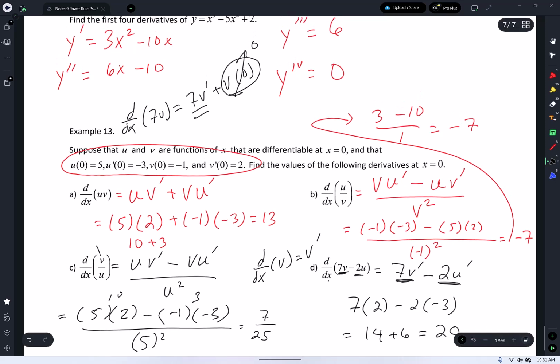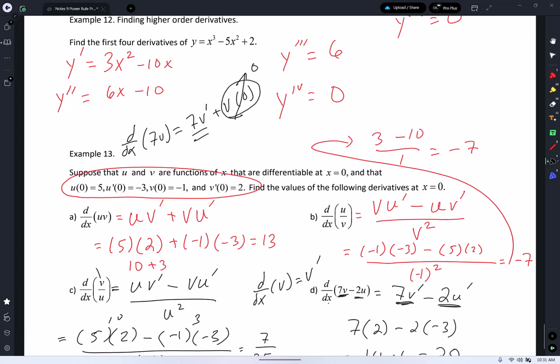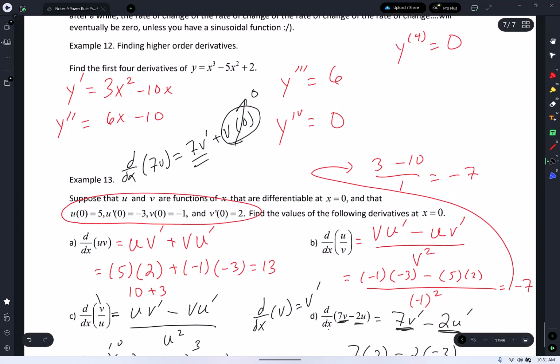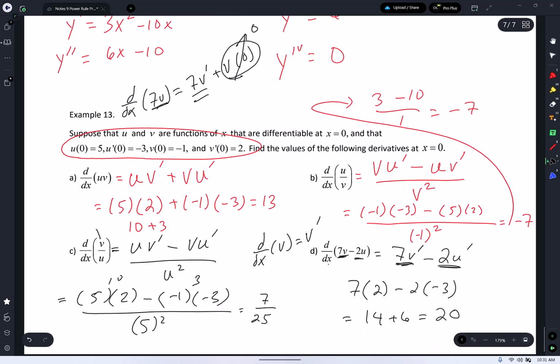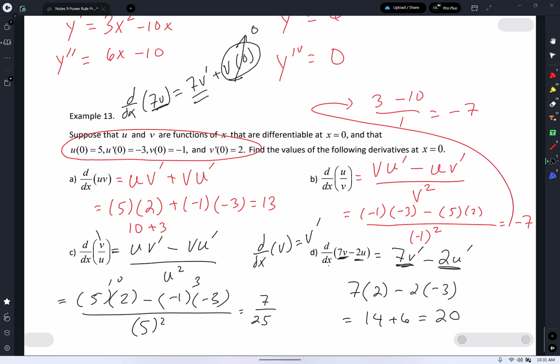If you're trying to think, why don't you use the product rule? You can if you wanted to, but you're just making life harder. In my head, I was like, you're not taking the derivative of V with respect to V. We're not there yet.